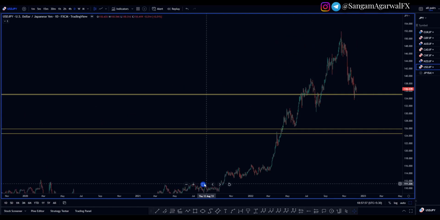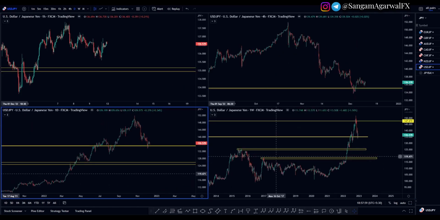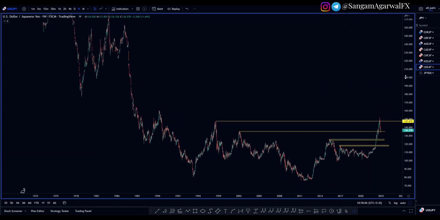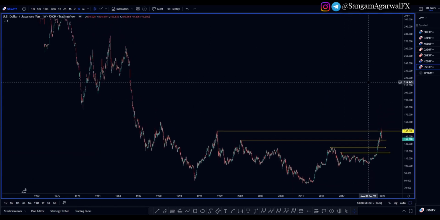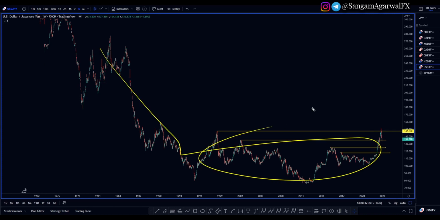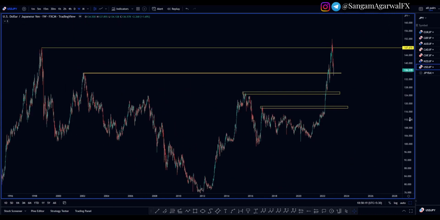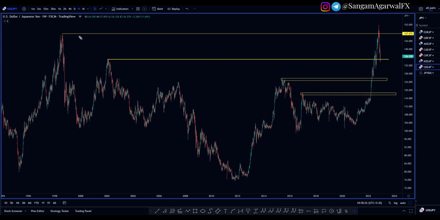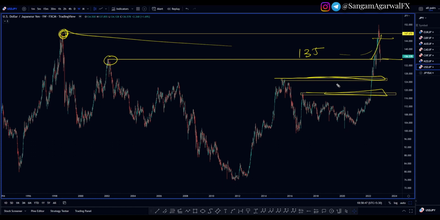And USD JPY, which is our main pair for JPY, it came down in a sideways correction, and after testing this monthly resistance, now it is testing again this lower support 135, and if this level breaks, then the next support, then again the next lower support.